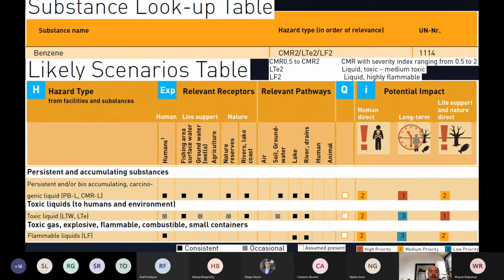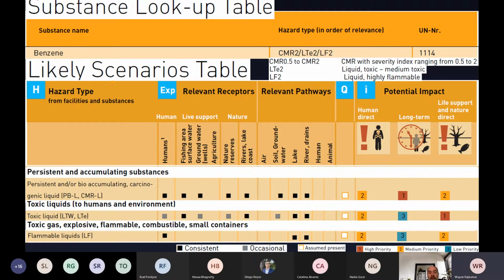And in this case, we find that the consistent impact is on fishing areas, is also on rivers or lakes, and the relevant pathways where the substance is distributed is lakes or rivers or drains.